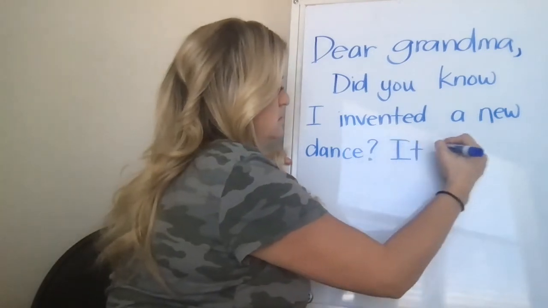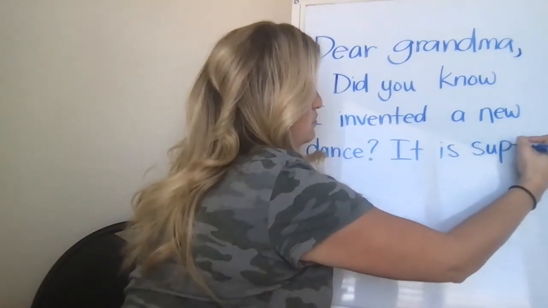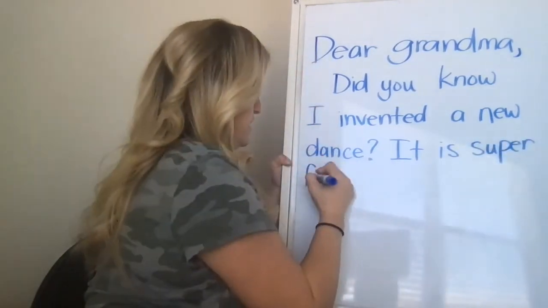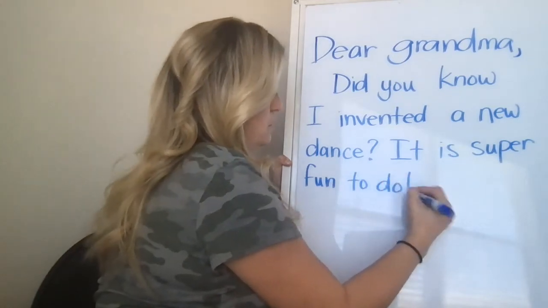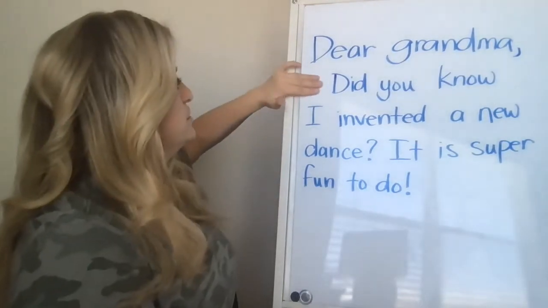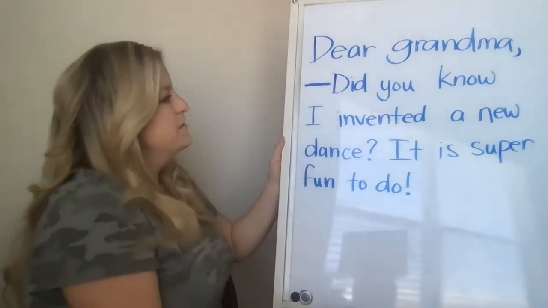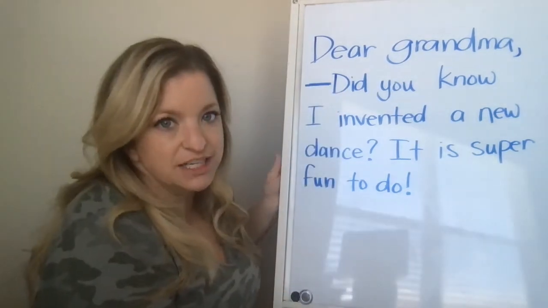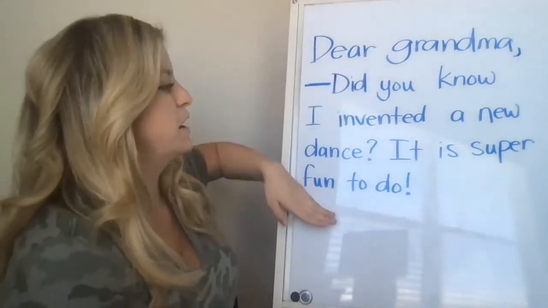It is, let's see if I have room, super fun to do. So when you have a letter, you're going to do a jump in. See all this space right here? That's called an indentation, and I'm indenting, and it lets my grandma know where the body starts.